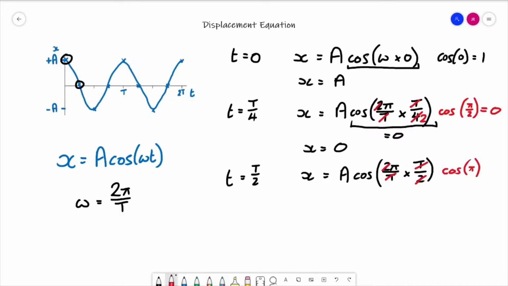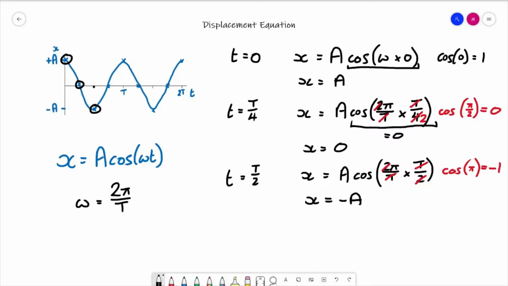Again we're working in radians, so cos of pi, which in degrees you'll understand as cos of 180, is minus 1. So we're left with x is equal to negative A. Coming back to the graph, after half a time period we're at the negative amplitude position.